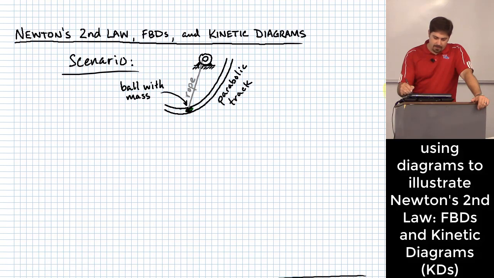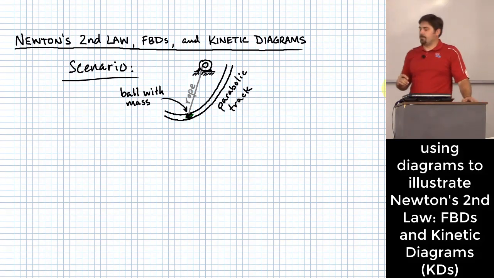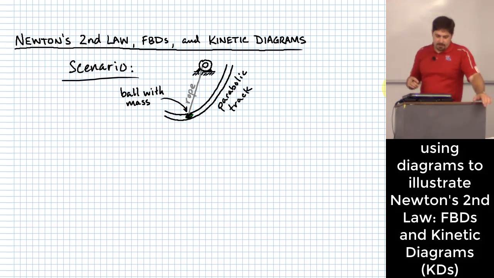All right, so by way of description of this, let me go ahead and show an example of how this works, at least in general terms. Let's say that we have a ball that is rolling in a parabolic track and it has a rope tied to it.